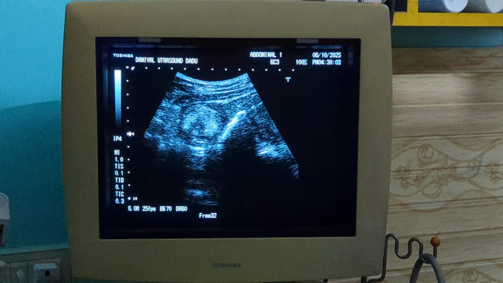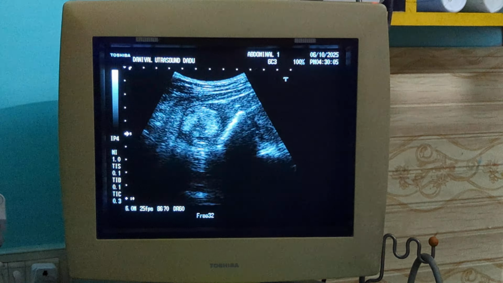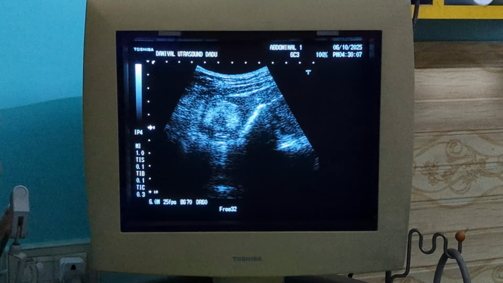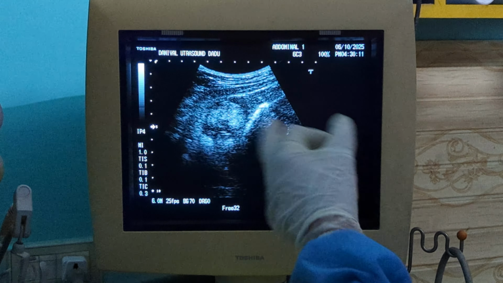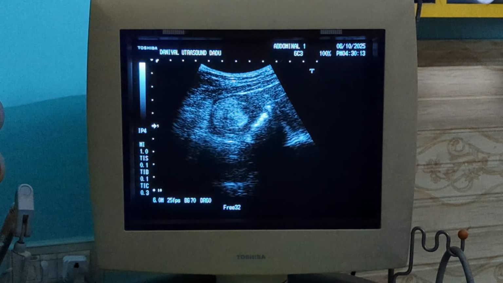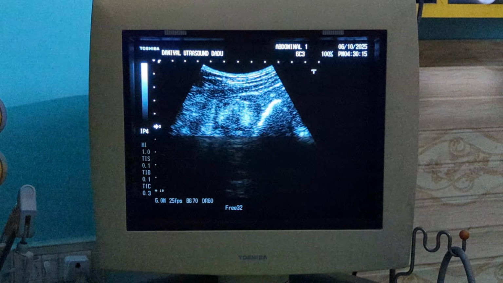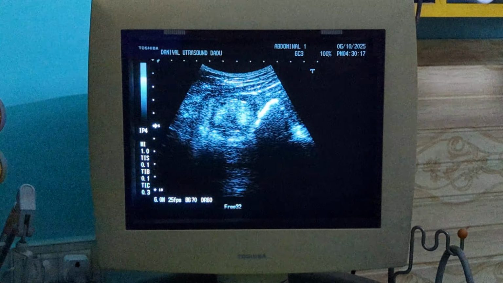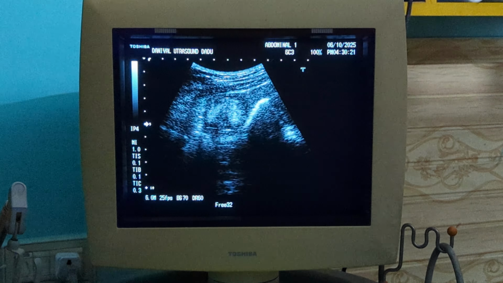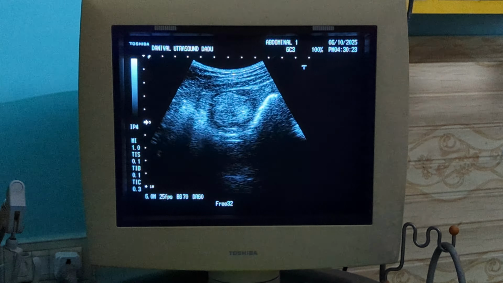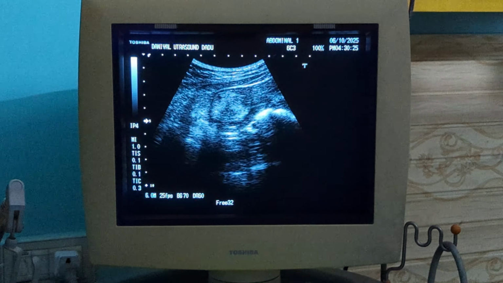So the lesion contains both echogenic and hypoechoic areas with internal echoes, and sometimes shows shadowings, like they are from fat, hair, or calcifications. These are not calculi, these are calcifications.